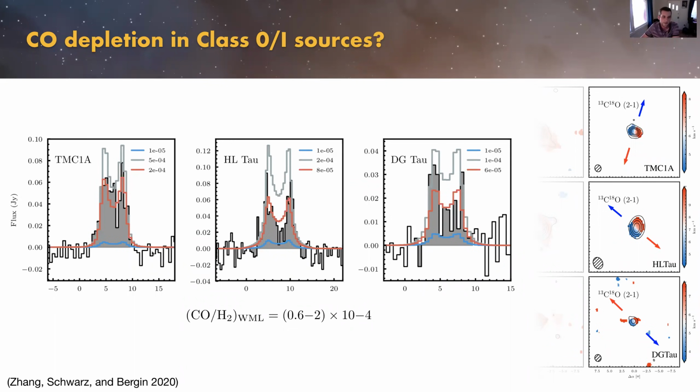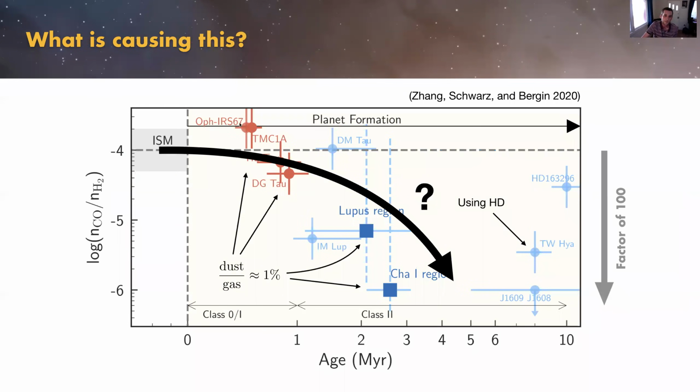These are, again, disk-integrated fluxes, finding that a pretty normal CO to hydrogen ratio is enough, right? So these young sources appear to still have this ISM-like ratio, and then on the timescale of a few million years, this number plummets. So the question is then, what is going on, and is this related to any planet formation processes or not, which is, of course, happening on similar timescales.